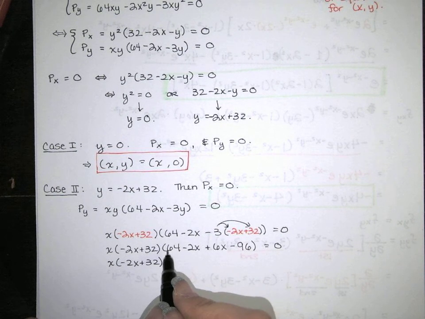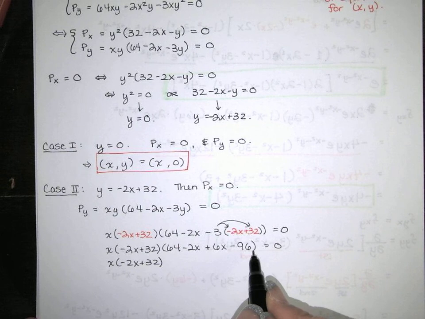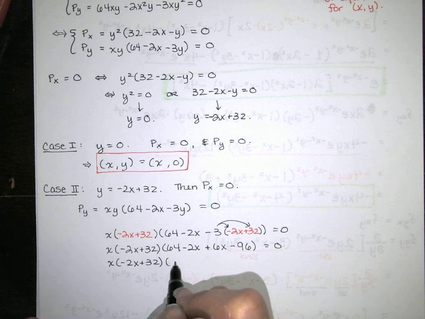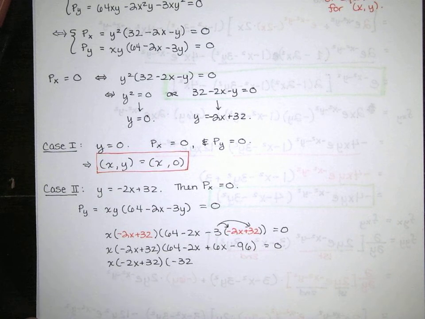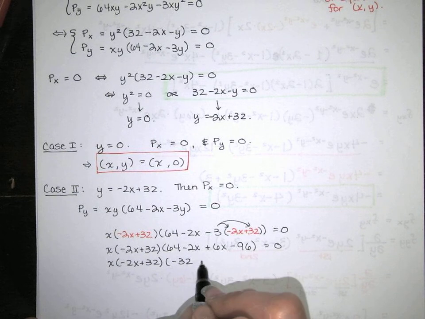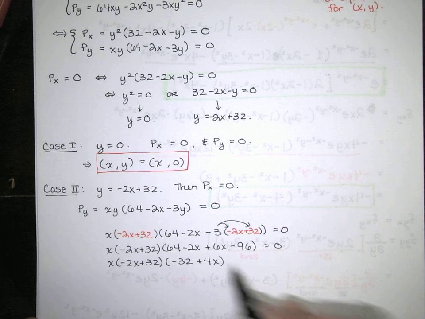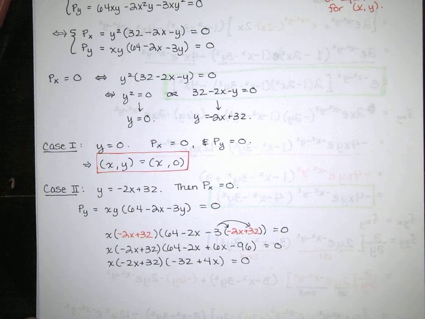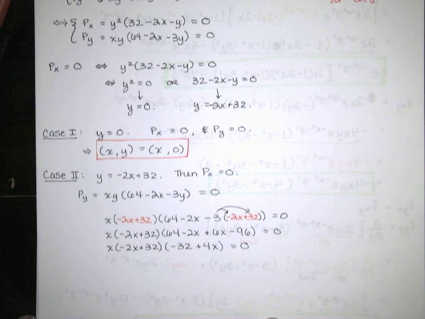And 64 minus 96 is negative 32. So I've got negative 32. Negative 2x plus 6x is 4x. That equals 0. Okay.